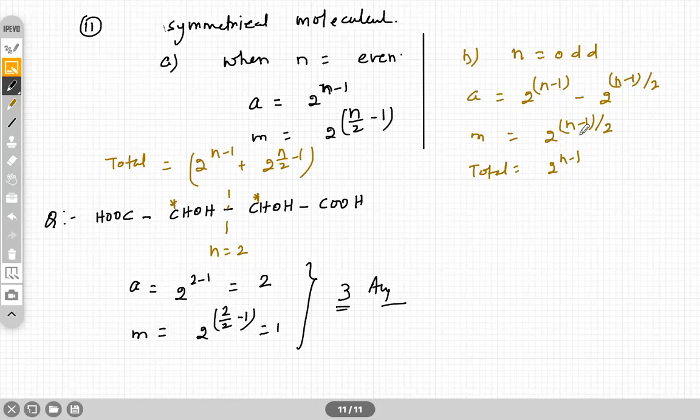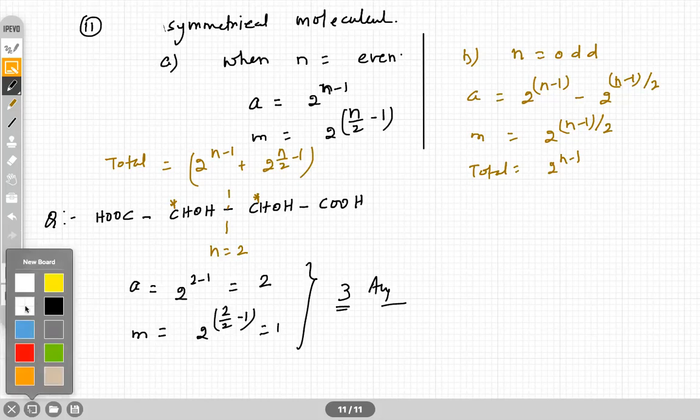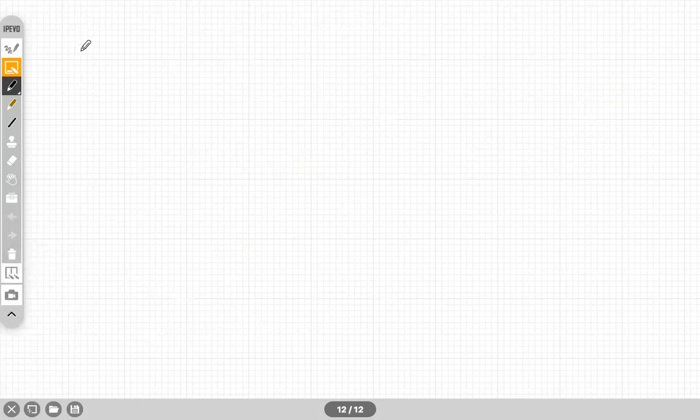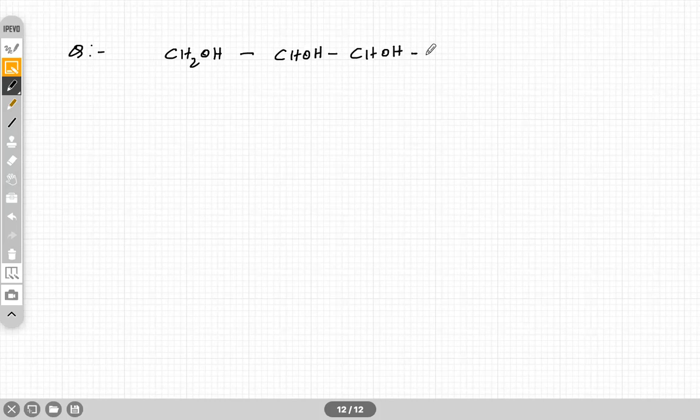Now, when n value is odd, okay, look at this example. CH2OH, CHOH, CHOH, CHOH, and CH2OH. Tell me the number of isomers in this.